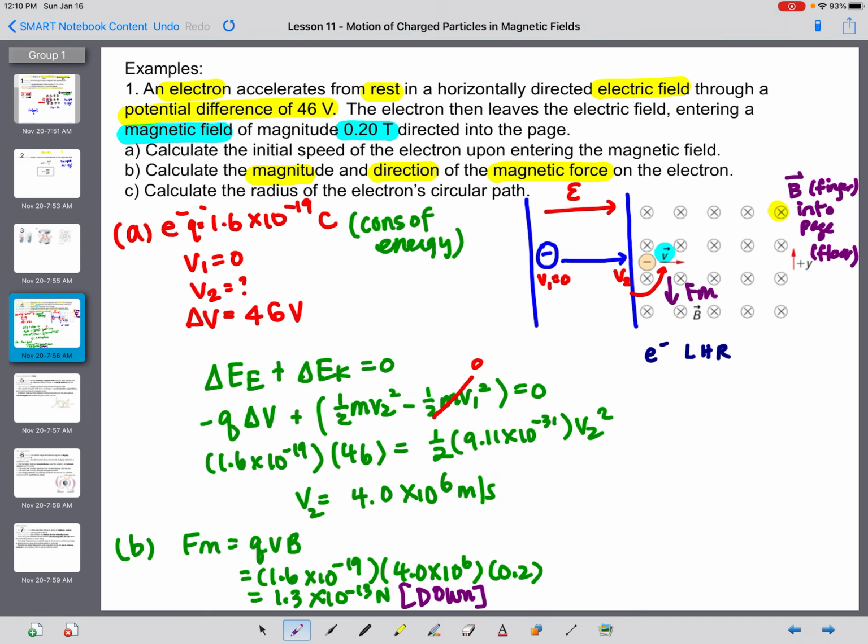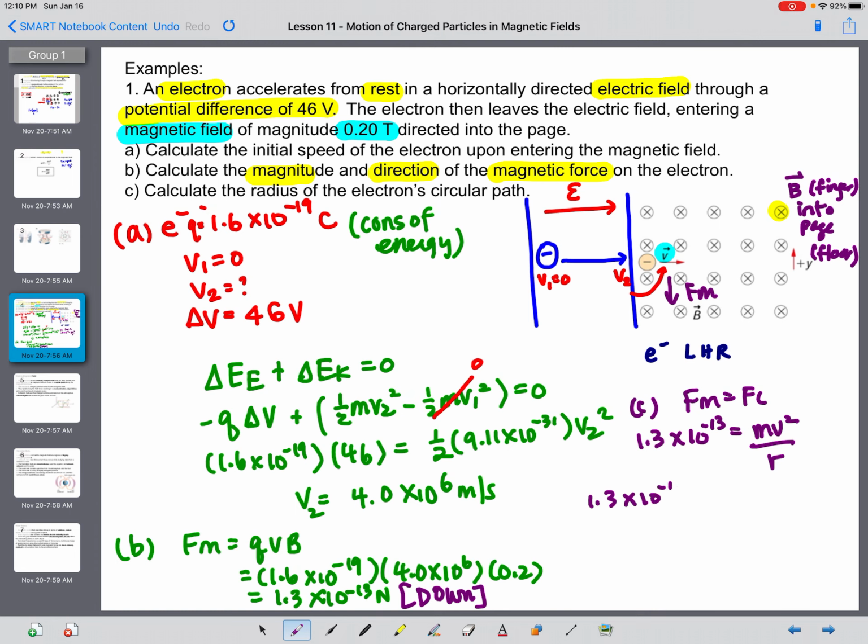Okay. So finally, they want you to calculate the radius. Now that ties your Fm into your Fc. We found Fm to be 1.3, and as always, it's a good idea to use the number that is left in your calculator. Centripetal motion, mv squared over r.